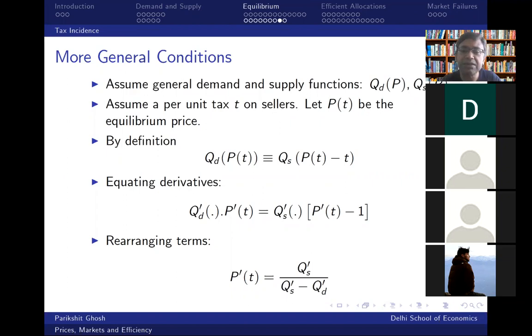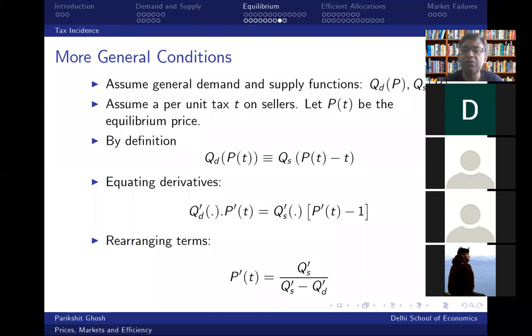I'm repeating that trick over and over again. But since I have defined P of T as precisely the price which equates demand and supply, I can write this as an identity. And so I can equate the derivatives of the two sides, and that's what I've done in the next line. The next line, the chain rule is applied on both sides. And so I have an equation where I have the slope of the demand, slope of the price formula, right?